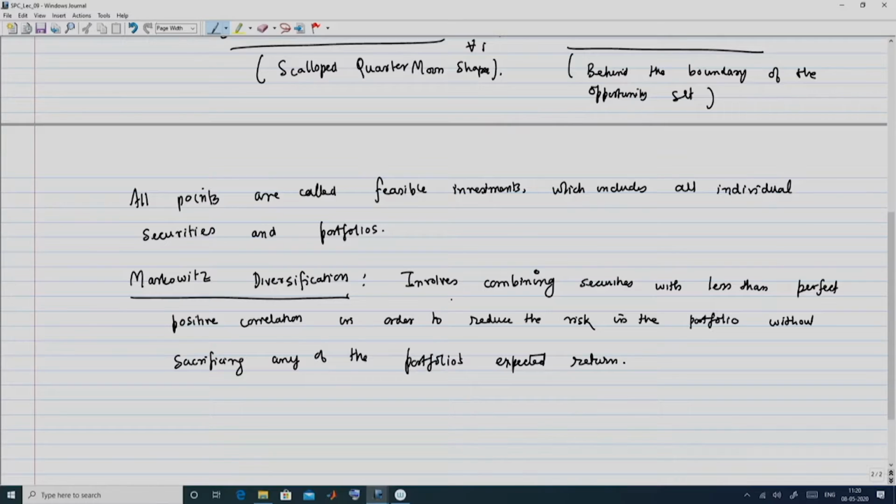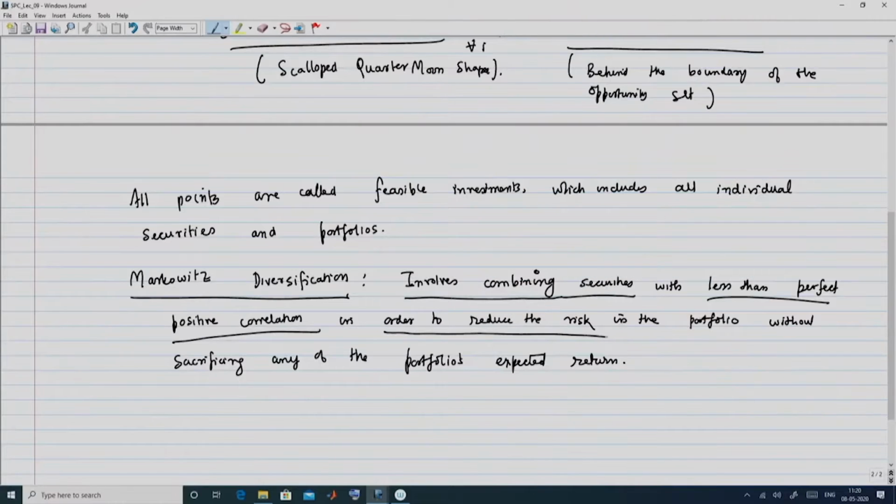So, just to give greater clarity to this statement, what is the essence of Markowitz diversification? It means that you are creating portfolios out of assets with less than perfect positive correlation. In order to attain the benefits of diversification in the sense of Markowitz, you need to create a portfolio picking assets whose returns have a correlation that is less than perfect, that means the correlation coefficient of returns being strictly less than 1.